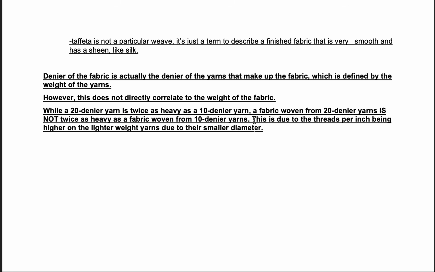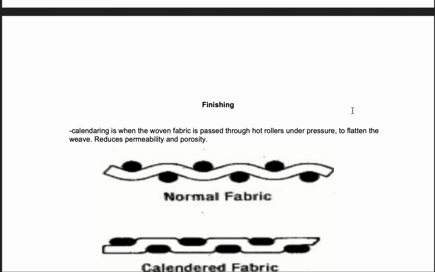This is because the 10 denier yarns are thinner than the 20 denier yarns, and therefore when you make a tight weave, there'll be more 10 denier yarns per square inch than 20 denier yarns. So a fabric made of 10 denier yarns will be lighter weight than a fabric made from 20 denier yarns. It just won't be half the weight. It'll be more like 80% of the weight, if that makes sense.